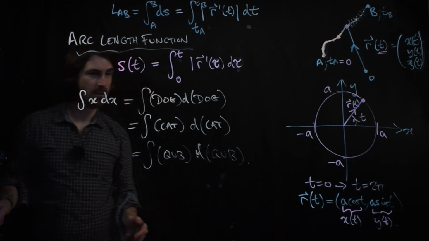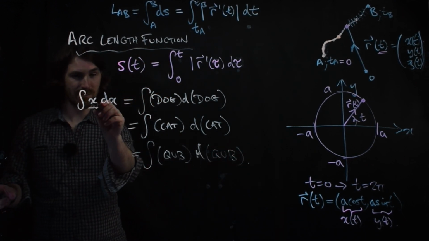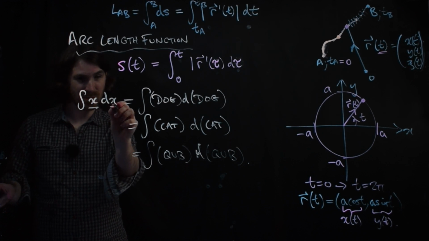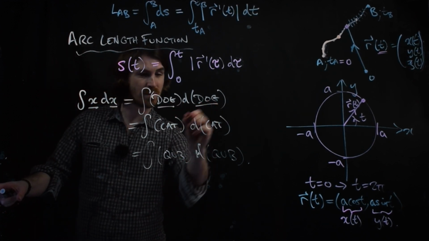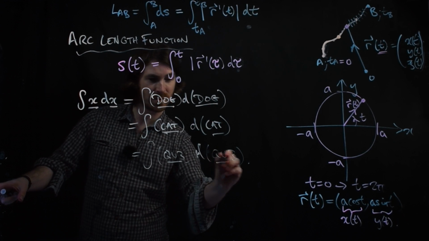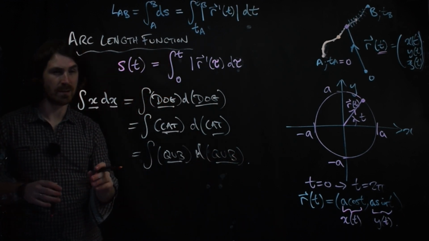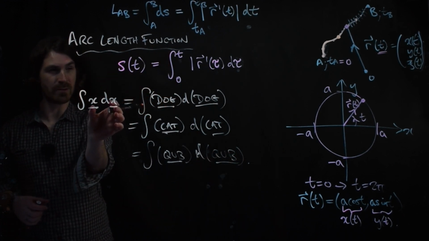Okay, doesn't matter as long as this variable or symbol is the same as this. So hopefully that's clear. You can call this anything you want if you're going to integrate over it.